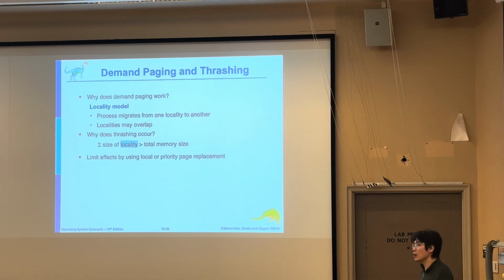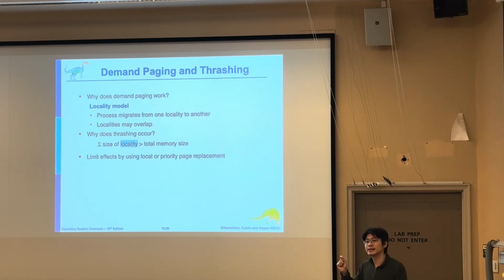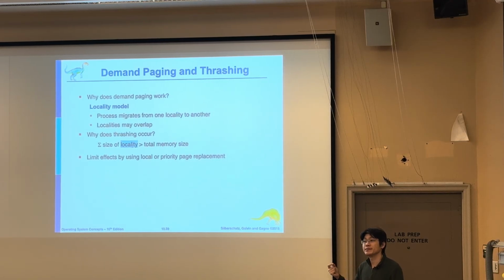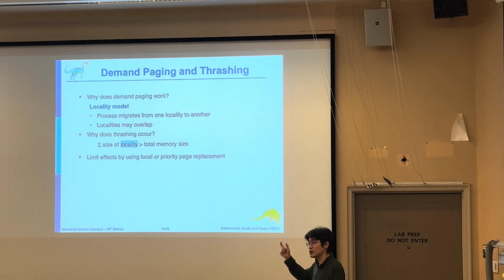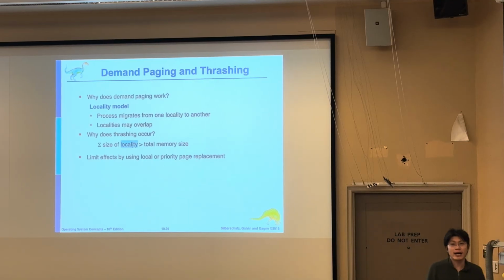So if you swap out any of these pages in the locality set or working set, the consequence is likely a page fault, because it will be referenced in the near future. So when the size of the locality is larger than the total memory size, there is a high chance that page faults are going to happen very frequently, and that's when thrashing occurs.